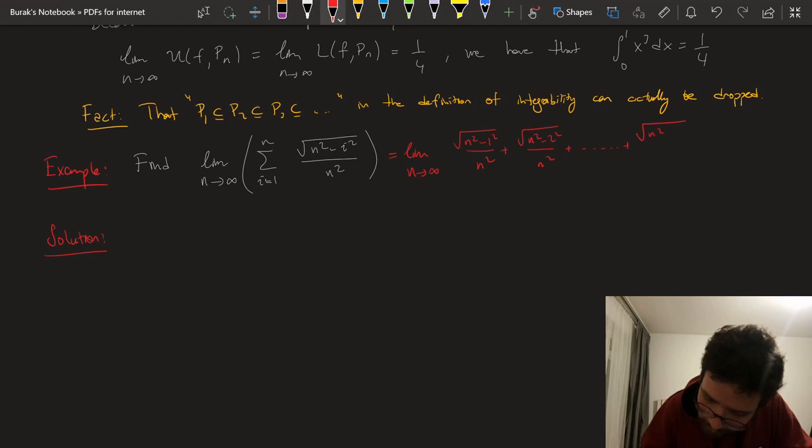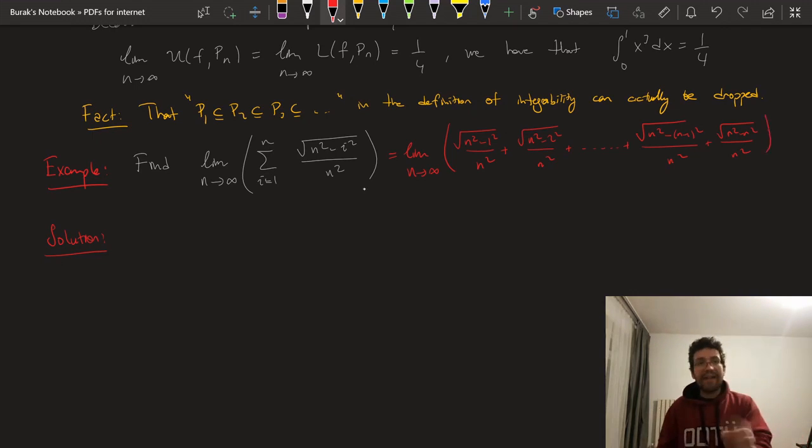Then I have n squared minus (n-1) squared divided by n squared, plus n squared minus n squared divided by n squared. So for each n, I compute this finite sum and then I take the limit. What is this limit?